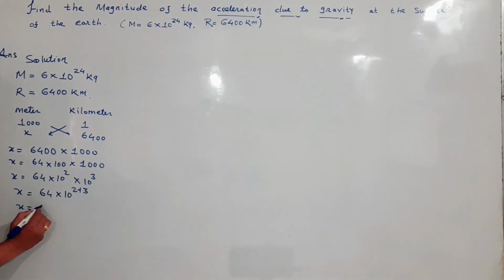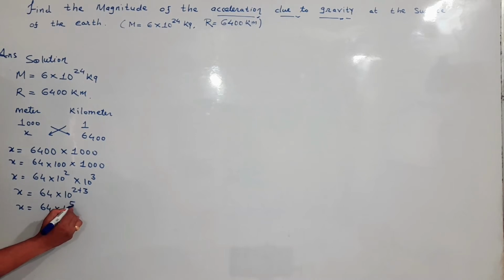So x is equal to 64 into 10 to the power 5. My dear student, here we have to convert it into scientific notation, and therefore x is equal to 6.4 into 10 to the power 6 we can write.